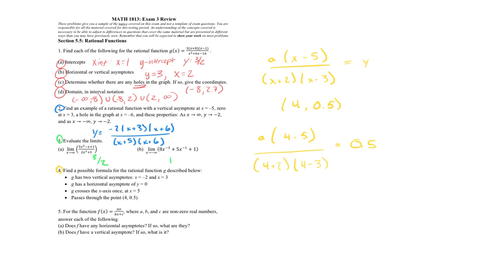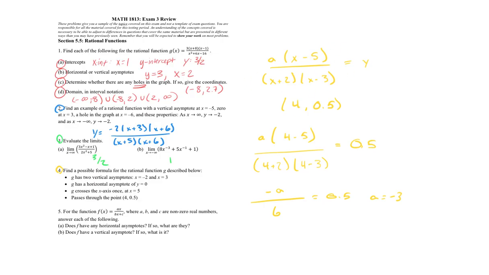So let's start simplifying. We have negative a over, then in our denominator we'll have 6, equals 0.5. So we get that a has to equal negative 3. Once we have this, if I plug this back in up here, then that will satisfy this condition, and it won't mess up any of these other ones that we created along the way.